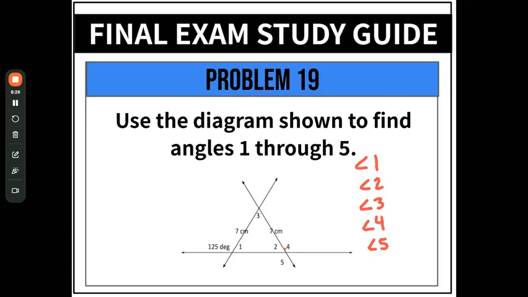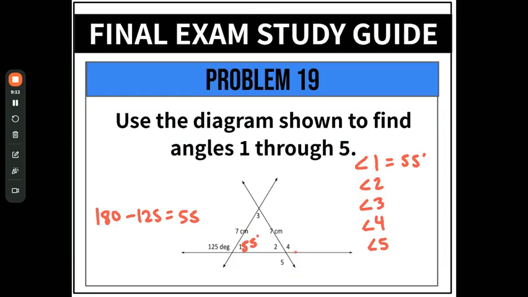That means this angle, this 125, and angle 1 both need to add up to be 180 degrees, because this line is completely straight. So we take 180 minus 125 and we get angle 1, which is 55 degrees.